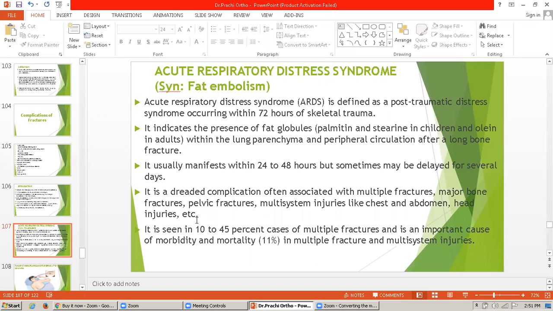It is seen in 10 to 45% cases of multiple fracture and is an important cause of morbidity and mortality, about 11% in multiple fracture and multi-system injury.